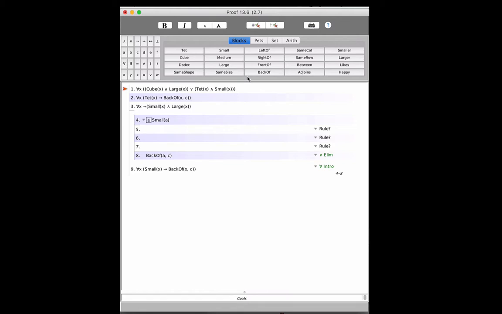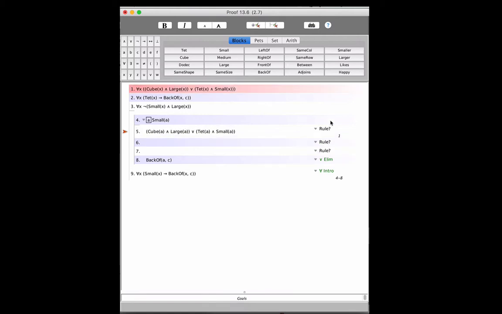So for the sake of, I hope, efficiency, I am taking each of the universals, copying the large part of the sentence, pasting it here in line 5, and instantiating the variable with the constant A, right? So I took off the universal and I replaced the variable X across the board with A. I'm going to do the same thing with the second premise.